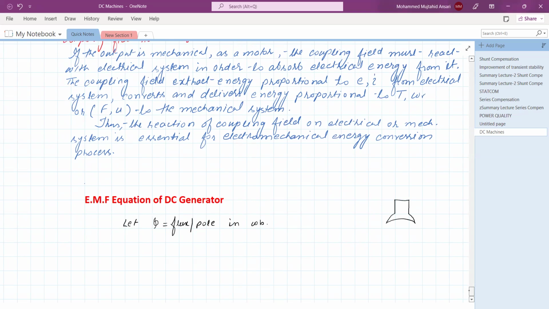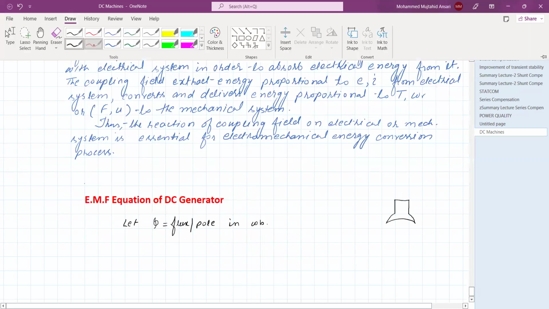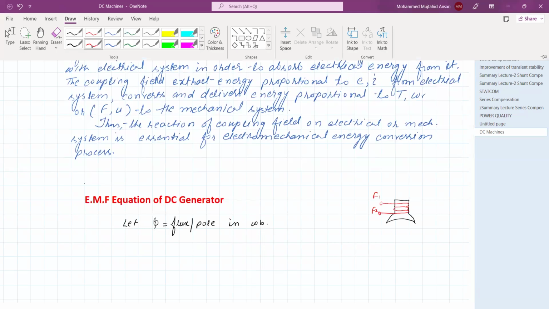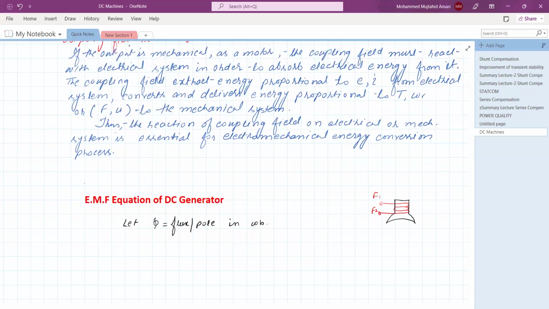There may be a 2-pole, maybe a 4-pole. And here there is some field winding, a large number of turns, and this is the field terminal F1, F2, which is going to produce the flux because of this current in the field winding.